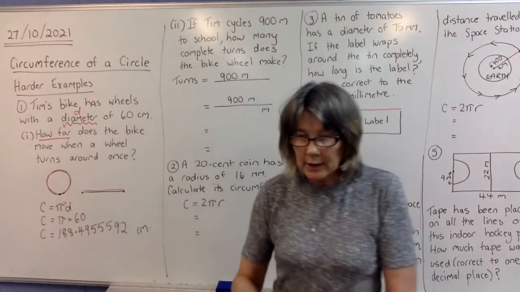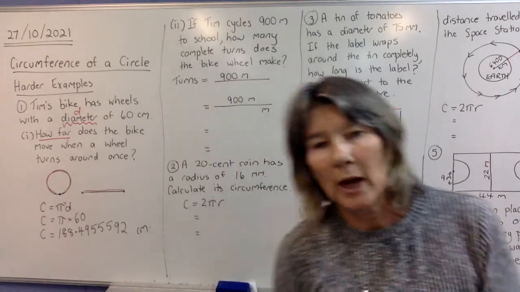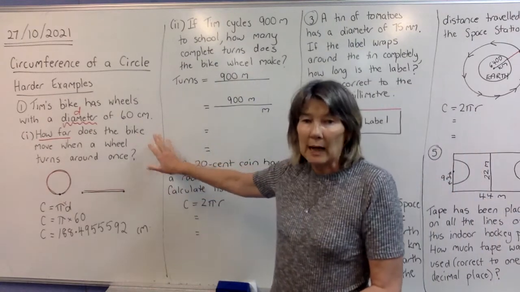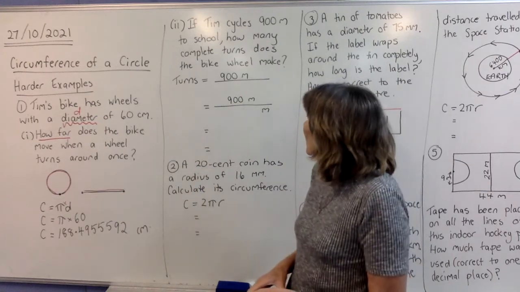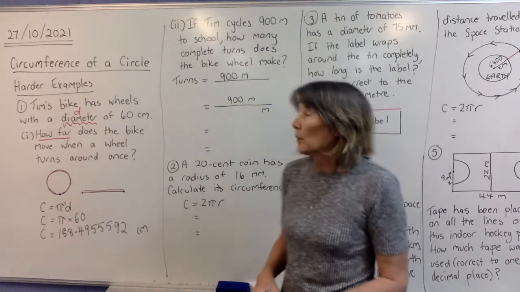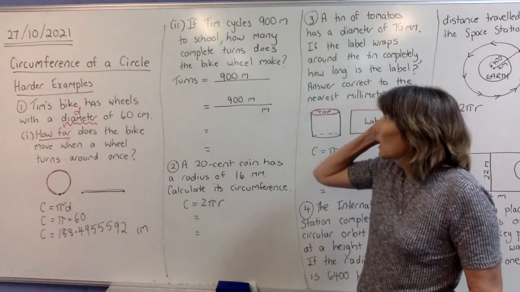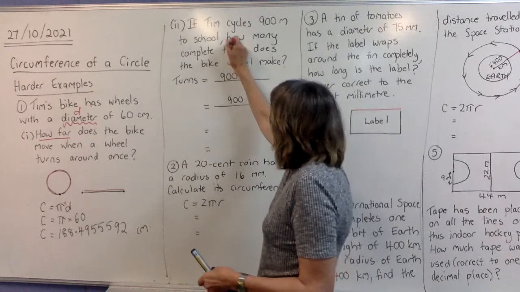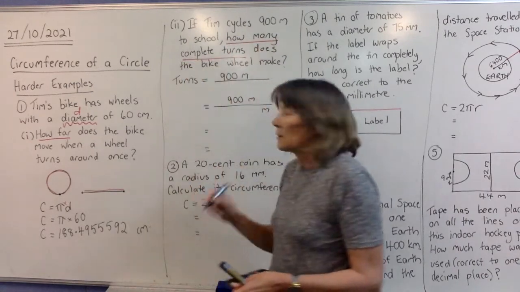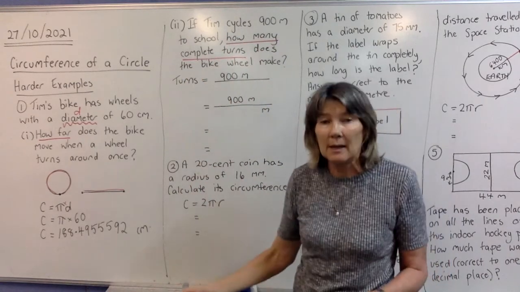Now, I don't like doing any rounding unless the question asks. This one just says how far, it doesn't ask for any rounding, so we're just going to leave that answer like that. All right, now, in the second part of the question, it says, if Tim cycles 900 metres to school, how many complete turns does the bike wheel have to take to get him there?